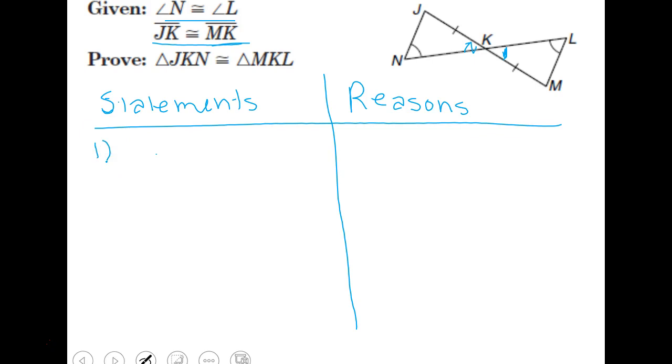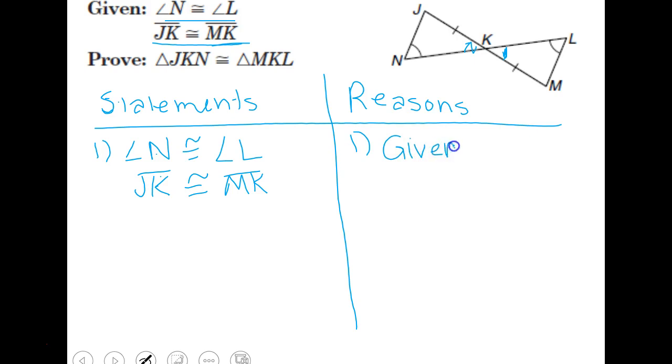It's your given. So for your first statement, you're going to say angle N is congruent to angle L, and you're going to say JK is congruent to MK. And your reason for that first statement is always the same. It is given. So if nothing else, you should always get that part of each proof correct.